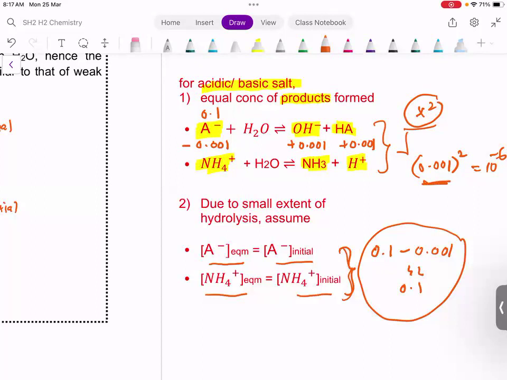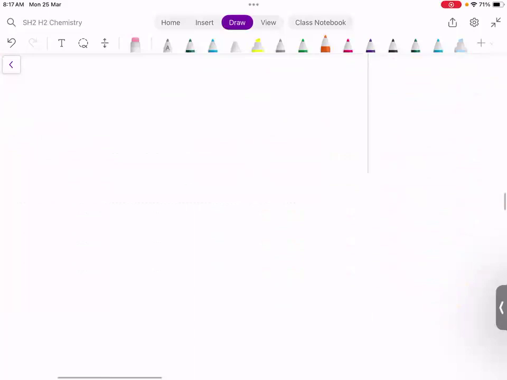Some of you ask me, why is it that I assume this, but I don't assume this to be negligible? Then everything is negligible, there's nothing to calculate. Agree with me? When you multiply two small numbers together, there is a significant change. But when you carry out a subtraction, there is negligible change. This is math. All right, let's move on to the next part.